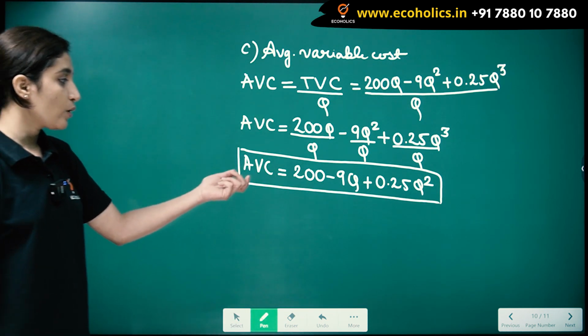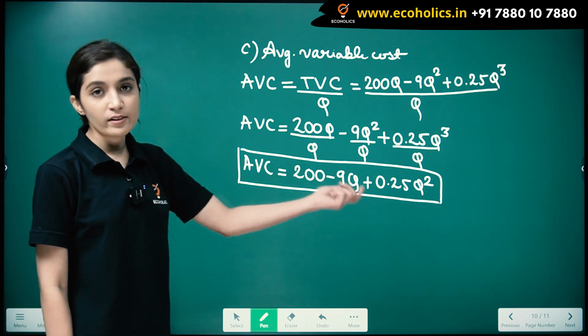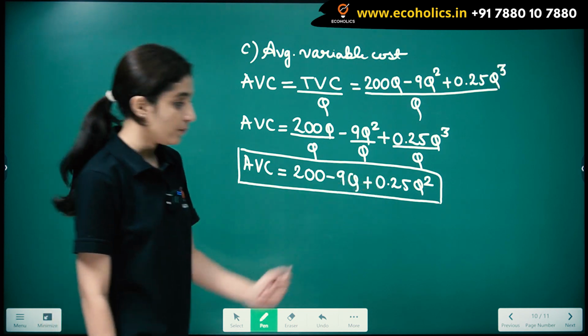So our average variable cost function is given as 200 minus 9q plus 0.25 q square.